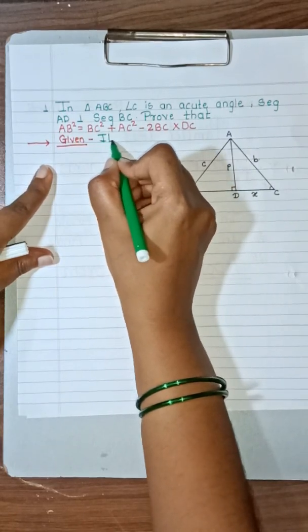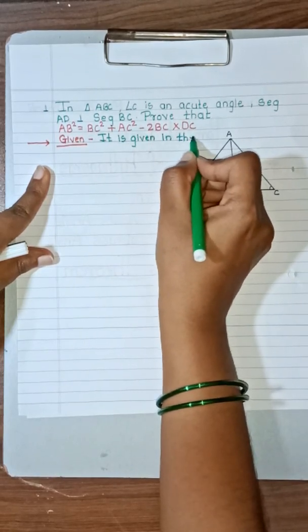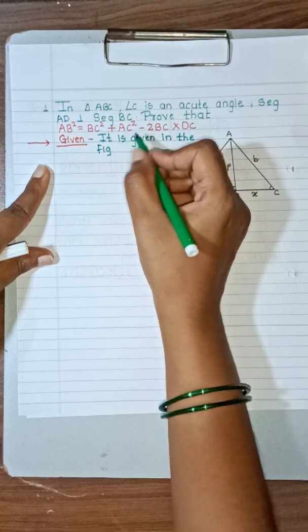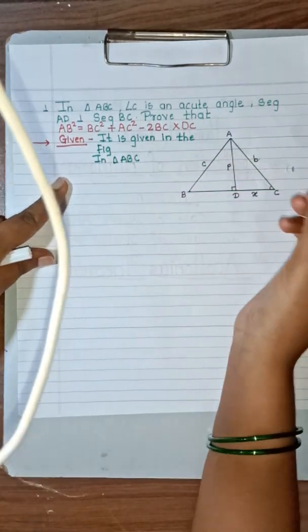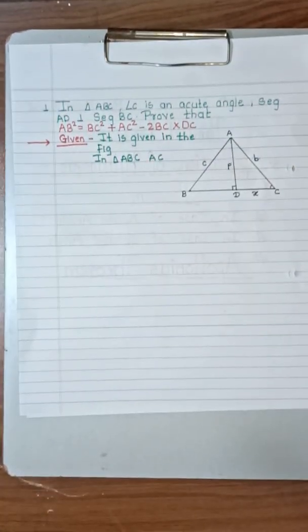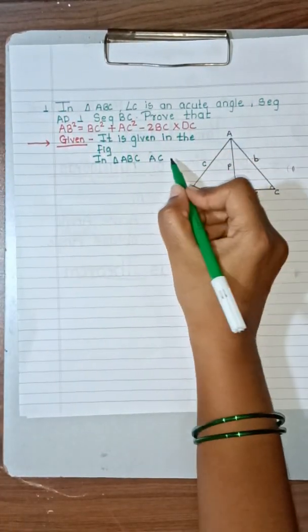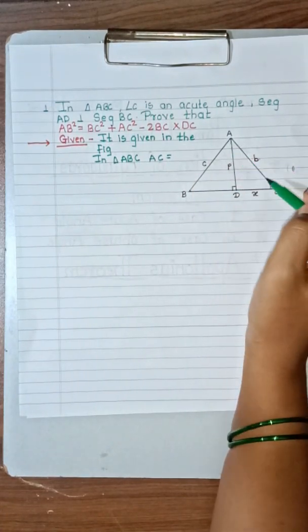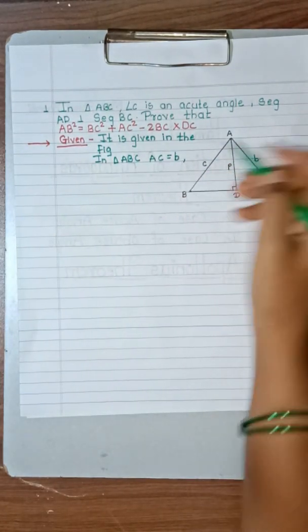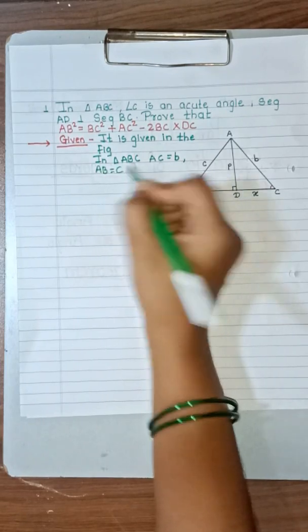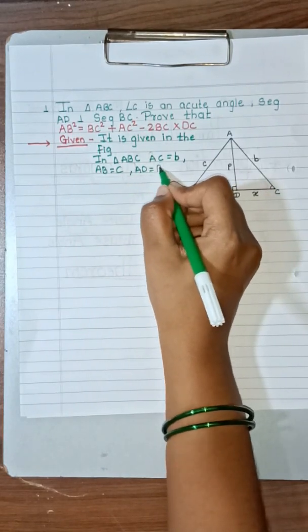It is given in the figure that in triangle ABC, AC is equal to B, then AB is equal to C, then AD is equal to P.